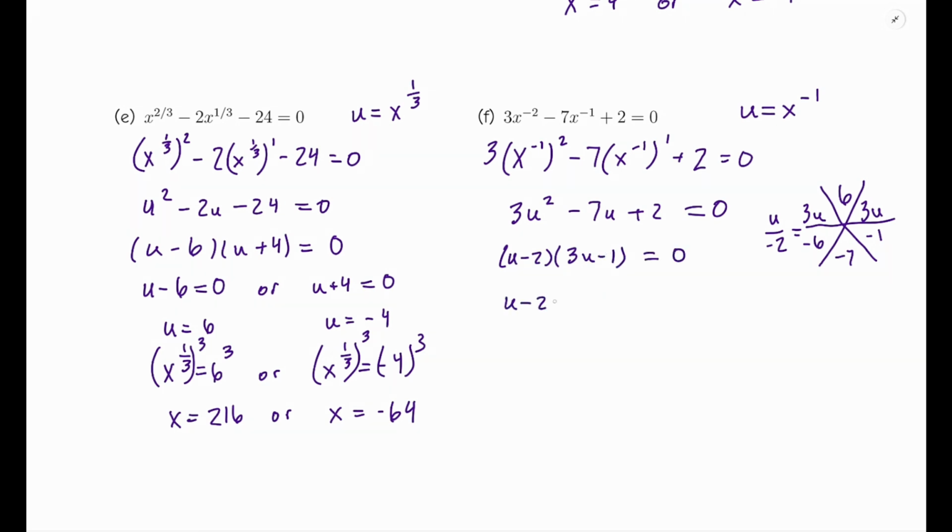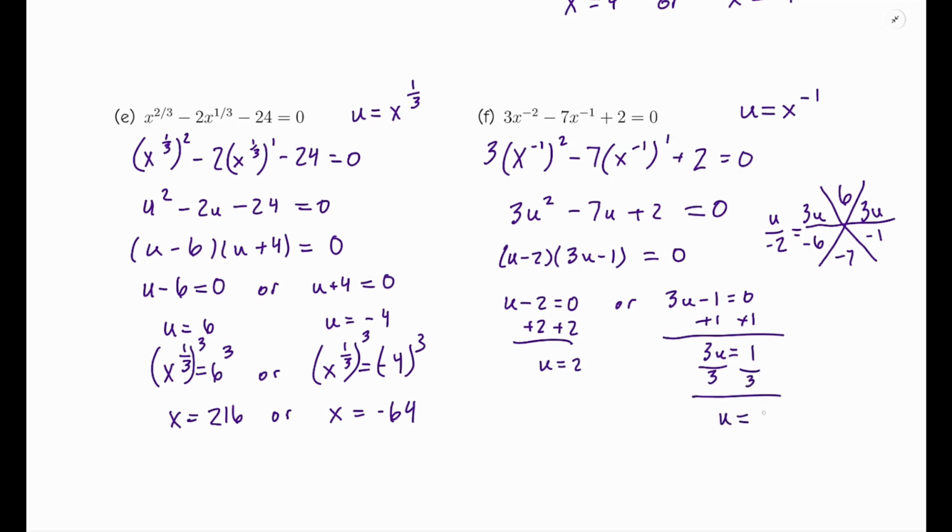So we get u minus 2 equal to 0, or 3u minus 1 equal to 0. Add 2, we get u equal to 2. Add 1, 3u equals 1. Divide by 3, u is equal to 1/3.